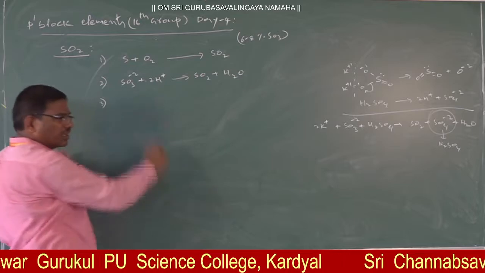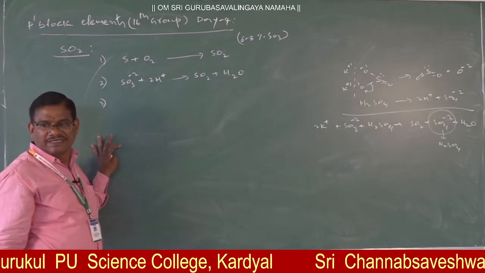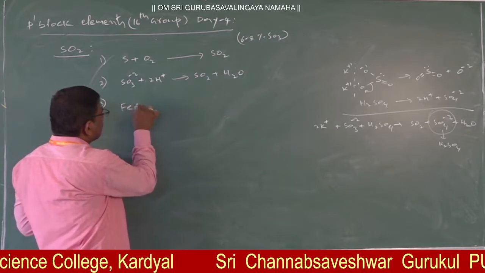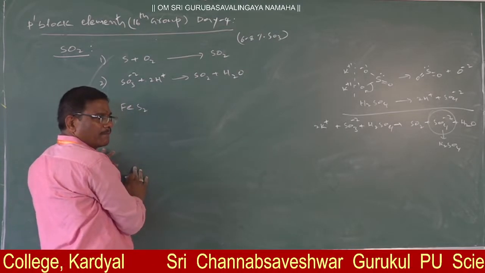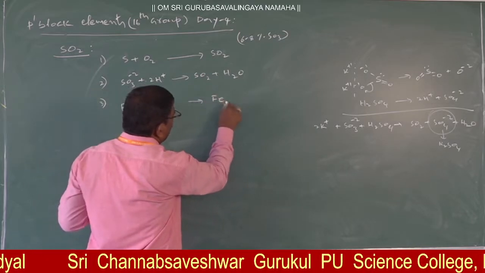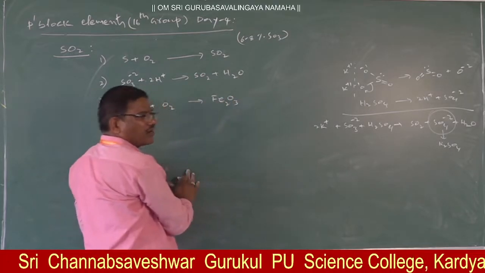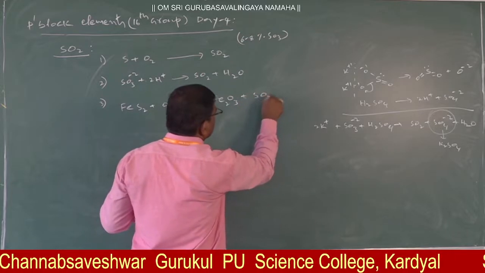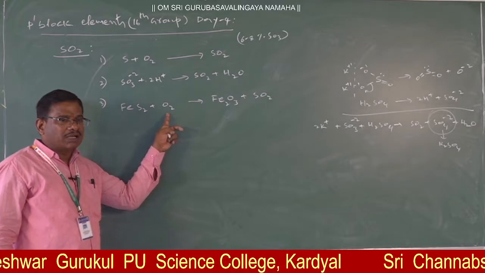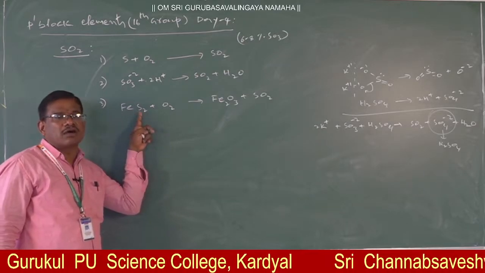And one more, industrially, is iron pyrite. Iron pyrite, a metal sulfide, FeS2. FeS2 on burning in oxygen gets converted into Fe2O3, ferric oxide, along with sulfur dioxide. Iron burns in oxygen, and simultaneously sulfur also burns in oxygen.